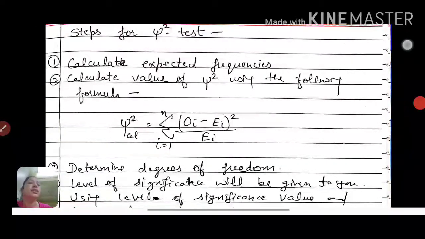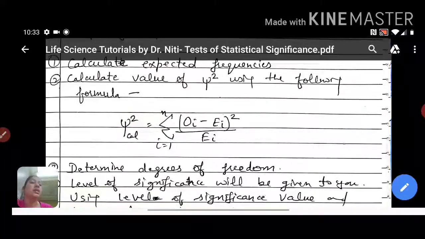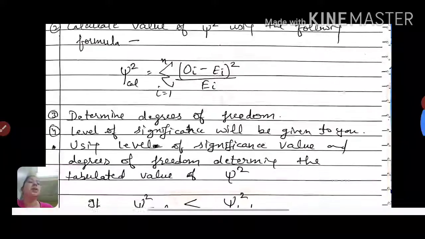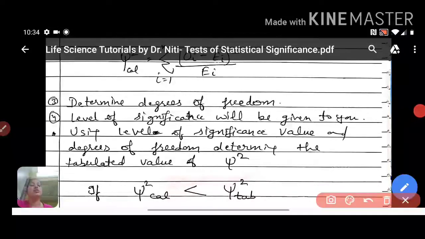The value that you determine is the calculated chi-square value. After determining the chi-square value, you have to determine the degrees of freedom. In the case of the test of goodness of fit, you can determine the degrees of freedom by using the formula n minus 1, and in the case of the test of independent attributes, by using the formula r minus 1 times c minus 1, where r is the number of rows and c is the number of columns.